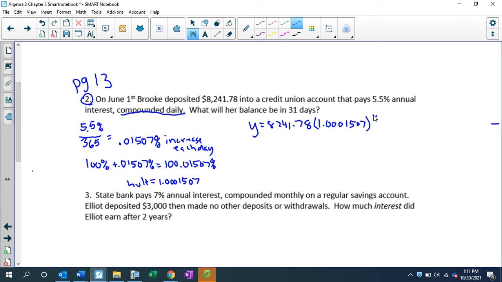And remember, x is the unit of time, however it's compounded. So since this was compounded daily, x equals number of days.